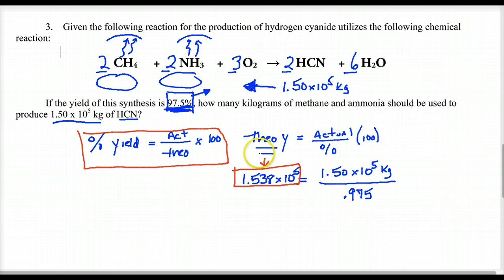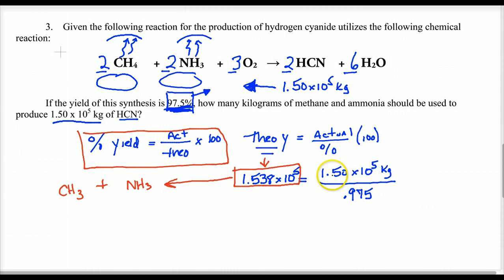Meaning, you can see that the 0.038 difference between these two numbers is the difference in the percentage. That is how much extra we're going to need to make this number. So we're going to go backwards from this value of hydrogen cyanide and find the ammonia and methane that was needed to make that amount, starting with that theoretical.